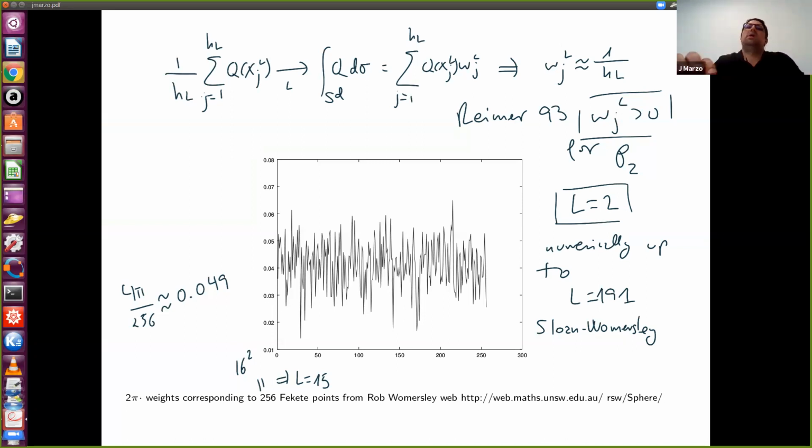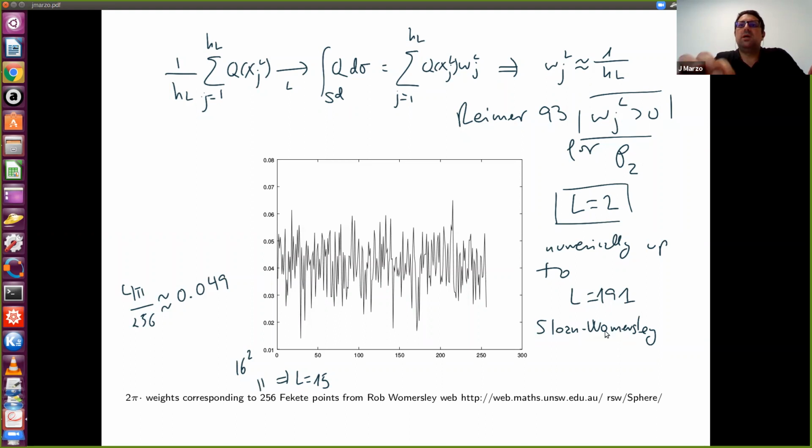But here we are saying much more than just positive. This is just a conjecture based on numerical evidence up to this degree, up to 191. So that's a lot of points.